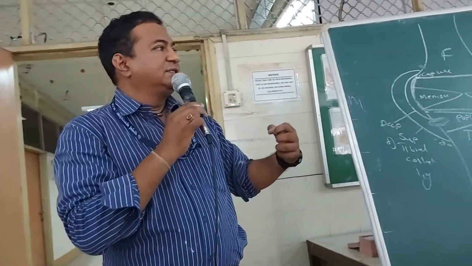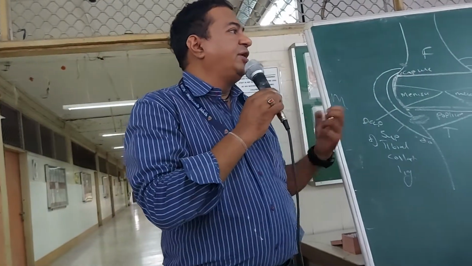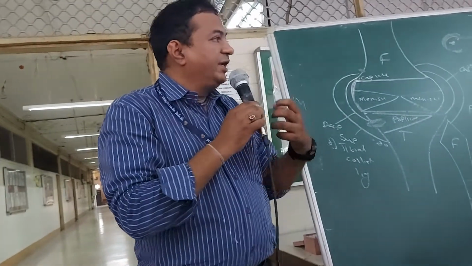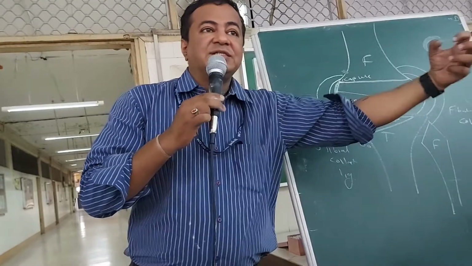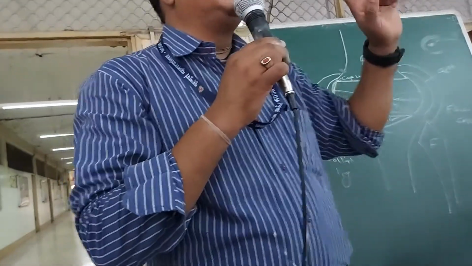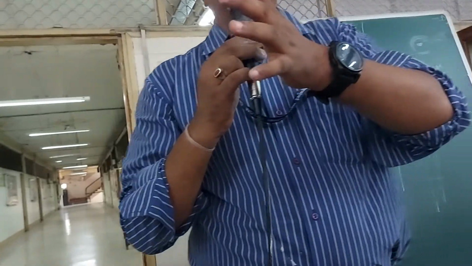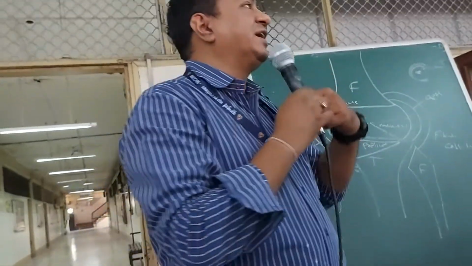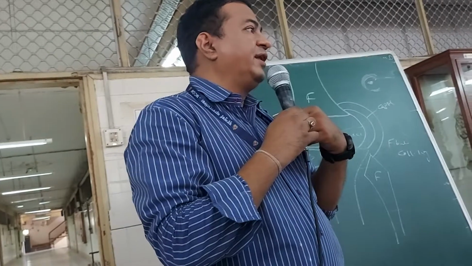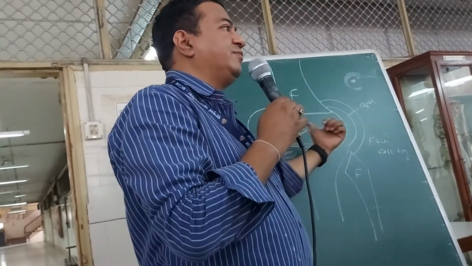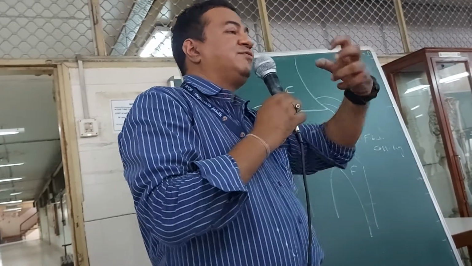Popliteus contracts, and because popliteus contracts, it pulls out the meniscus. Therefore the right-sided meniscus is more prone to getting crushed than the left side, because the right side is attached to the capsule, while the left meniscus is attached to popliteus, which pulls out the left meniscus.